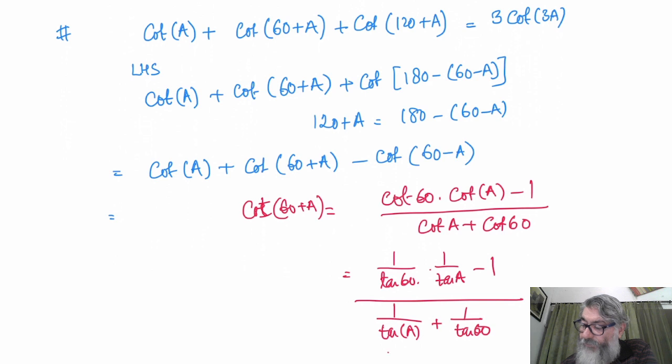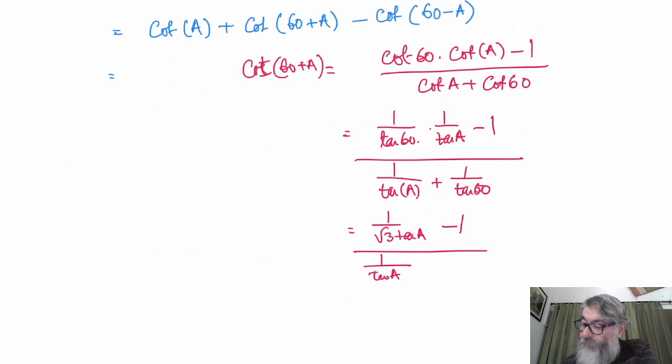So it will be (1 upon root 3 tan A minus 1) upon (1 upon tan A plus 1 upon root 3).